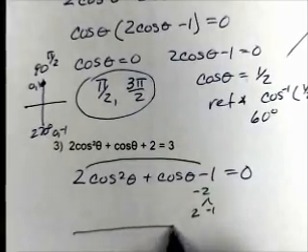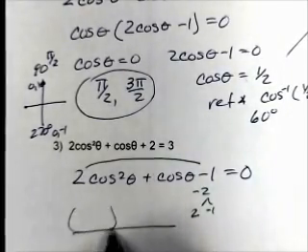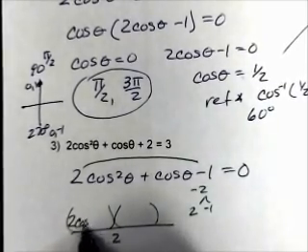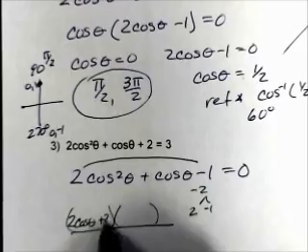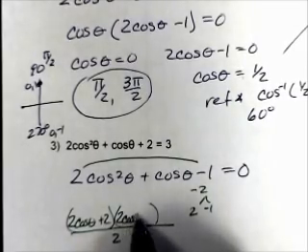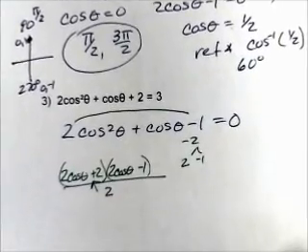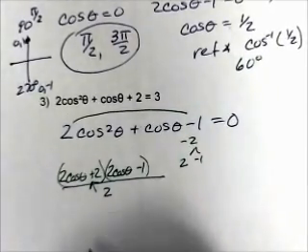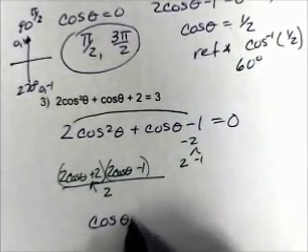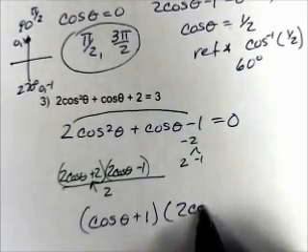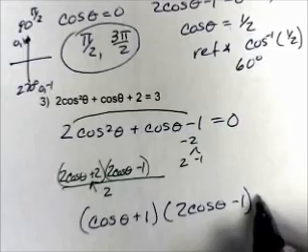So remember, this is a middle step. We multiplied by 2, so we need to divide by 2. 2 cosine theta plus 2, and 2 cosine theta minus 1, and 2 divides into 2 cosine theta plus 2. It goes into cosine theta plus 1 times 2 cosine theta minus 1 equals 0.